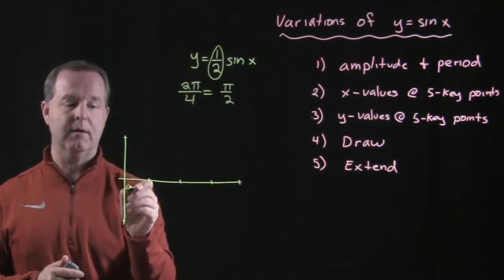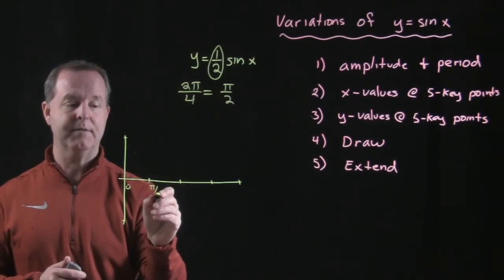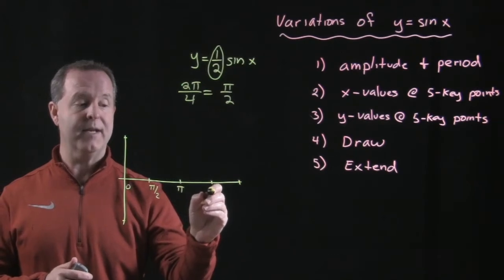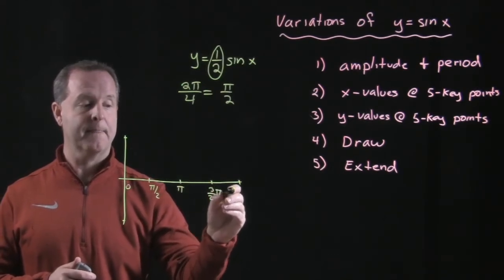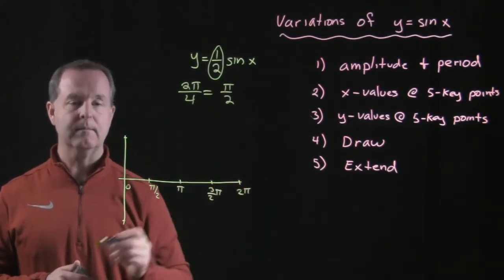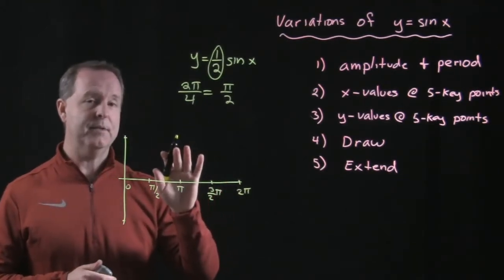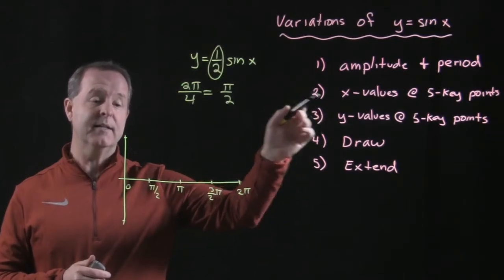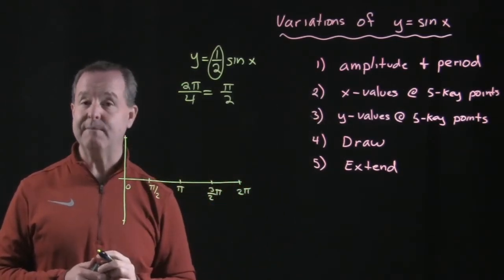So the first point is 0. The next one is pi halves. Pi halves plus another pi halves is pi. Then 3 halves pi. And then 2 pi. So we're able to identify the amplitude and use the period to help us determine where those 5 key points are at.